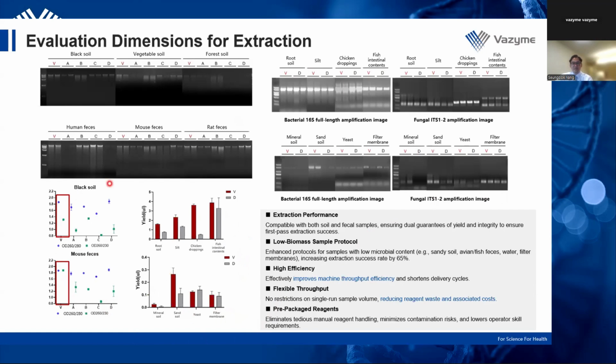And the scatter plot for OD 260 over 280 and 260 over 230 ratio demonstrates that Vazyme maintains high purity across the black soil, mouse, fish samples, whereas the others show contamination or inconsistent quality.